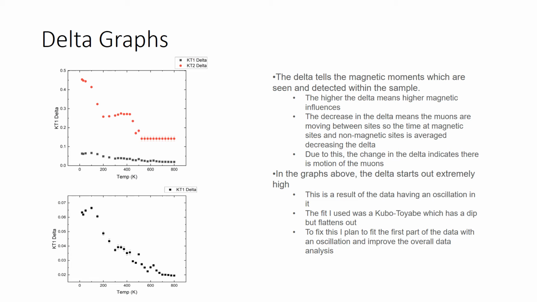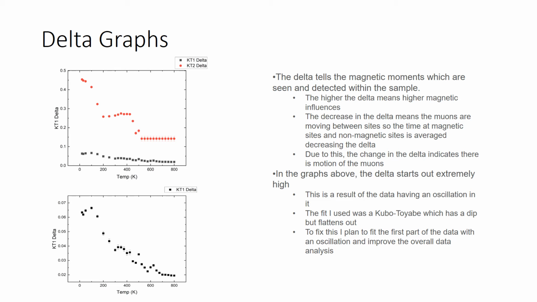The higher the delta is, the higher the magnetic moments or magnetic influences in the actual sample. A change in the delta, or a decrease in the delta, means the muons are moving between sites. So the time at magnetic sites and non-magnetic sites is averaged, which decreases the delta. And due to this, the change in the delta indicates there is motion of the muons going between the different sites.